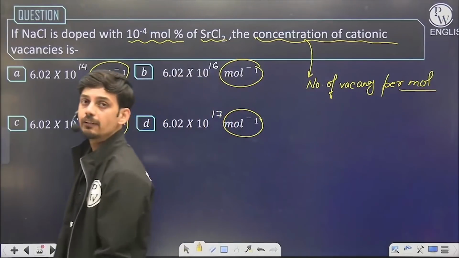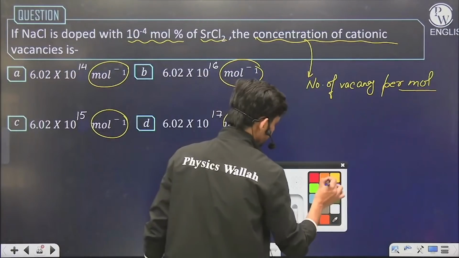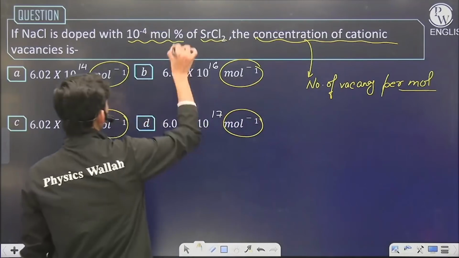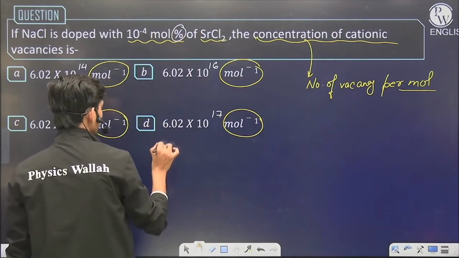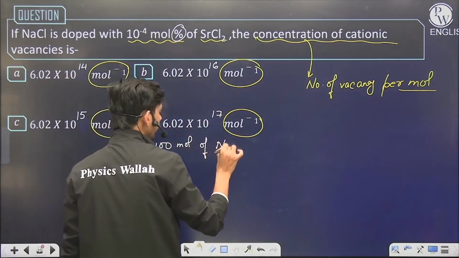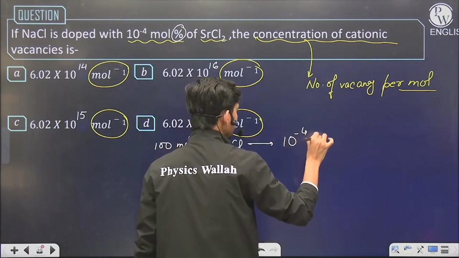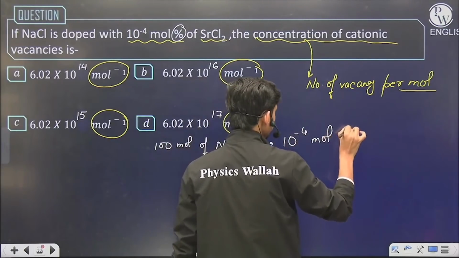So now I am going to find the vacancy per mole. How can we find it? Let's see. Mole percent means 100 moles of NaCl will have 10 to the power minus 4 mole of SrCl2, correct?